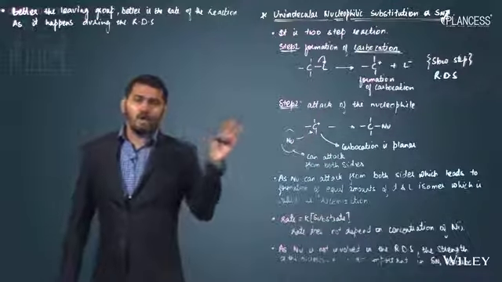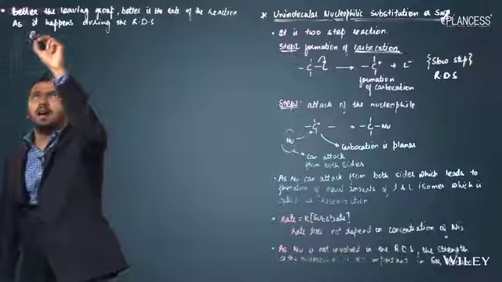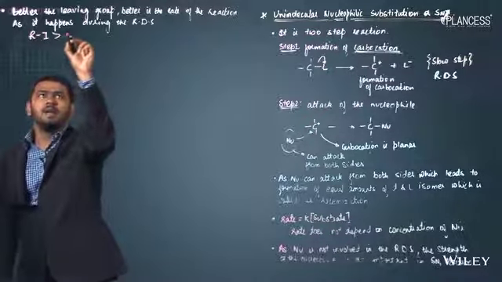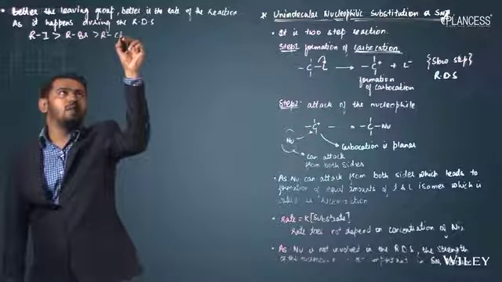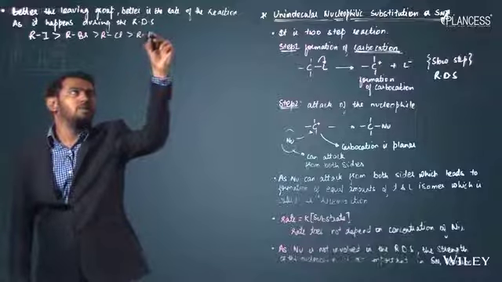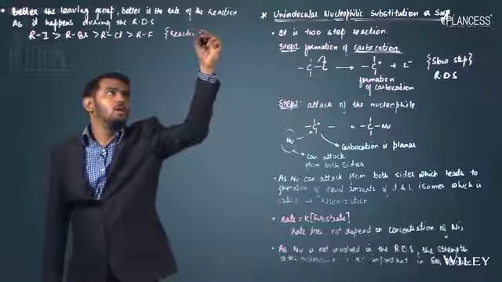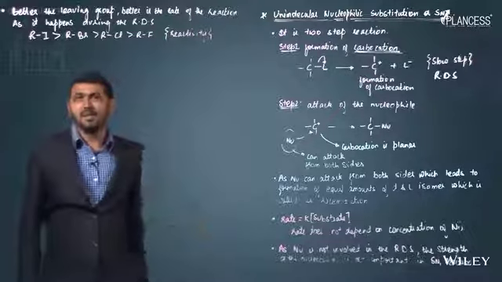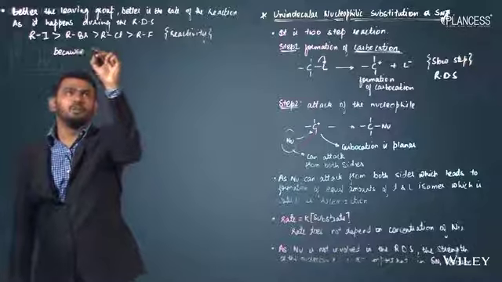So if I talk about the reactivity with the alkyl halides, then obviously RI is going to be the most reactive. Then RBr, then RCl, and then obviously RF. This is the order of reactivity. Can you tell me why? Because we know that I minus is the best leaving group.